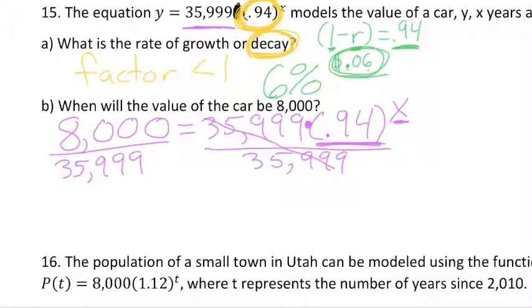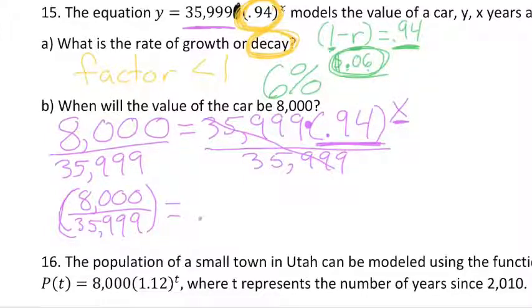And then I'm going to simplify the right side. Actually, I'm not going to simplify it because it creates an ugly decimal, so I'm just going to keep it as is. So don't let this fraction freak you out. Put parentheses around it and just treat it like any other number.